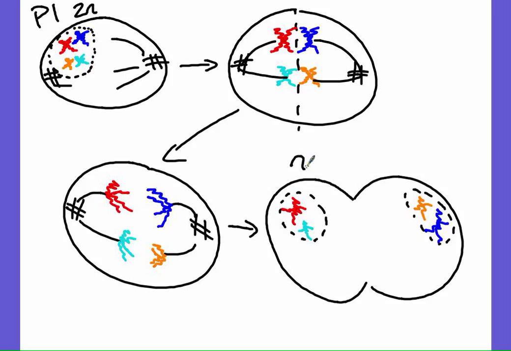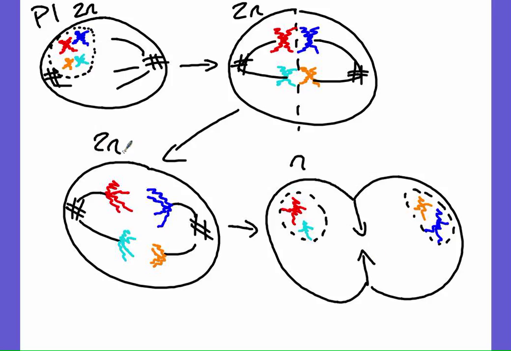Even here, technically, I have 4 chromosomes in the same cell. But after this cytokinesis over here is complete, and those are 2 separate cells, there's only 2 chromosomes in each nucleus. So I went from 2N to N. This would still be 2N. This would still be 2N.